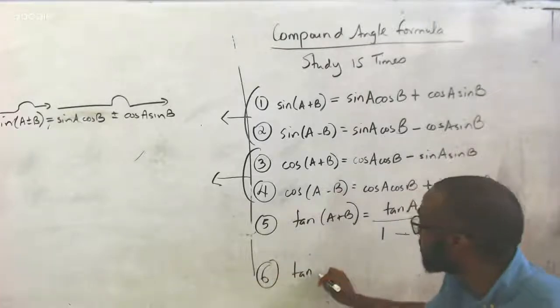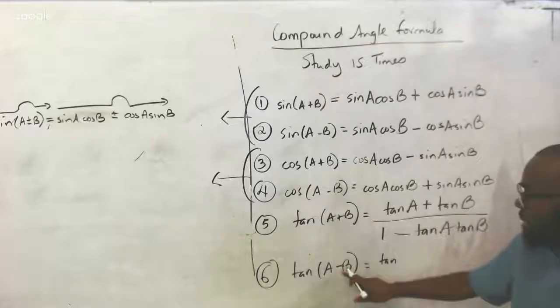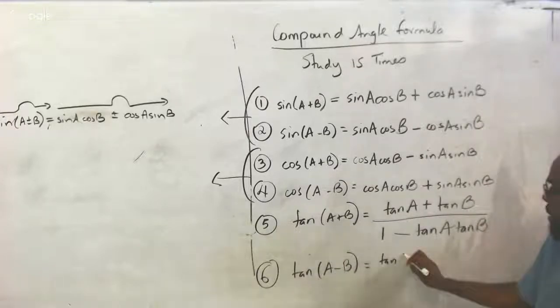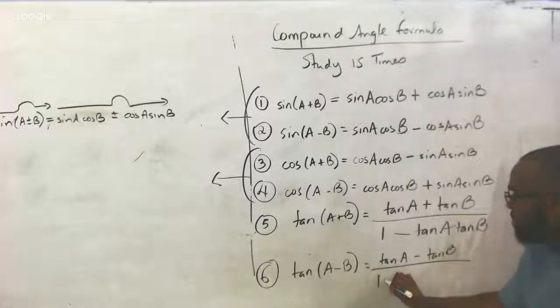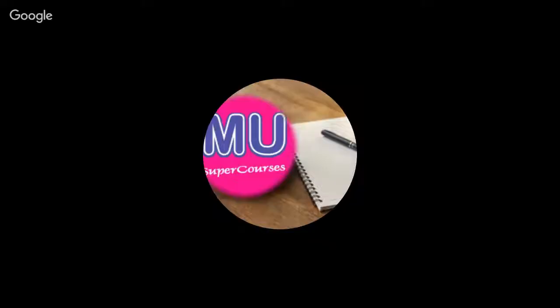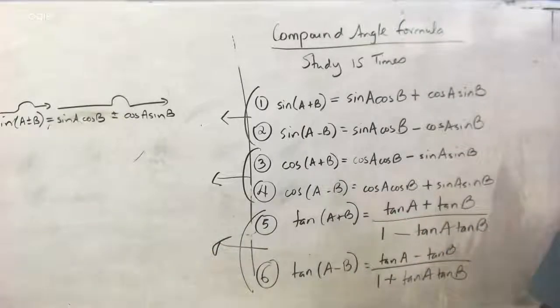Tangent of A minus B is equal to tangent of A minus tangent of B all over 1 plus, see, it starts with minus, then it changes to plus, tangent of A, tangent of B. And then you're also going to show me how you expect it to look on the formula sheet. Clear enough?